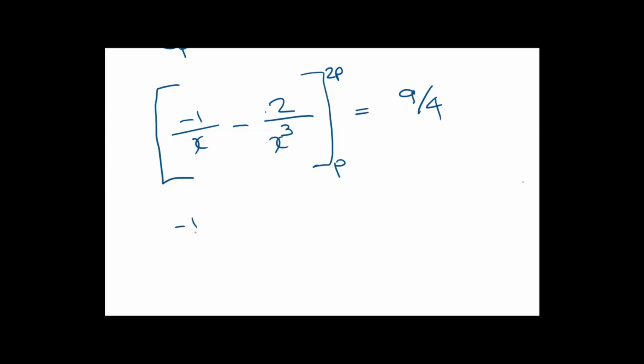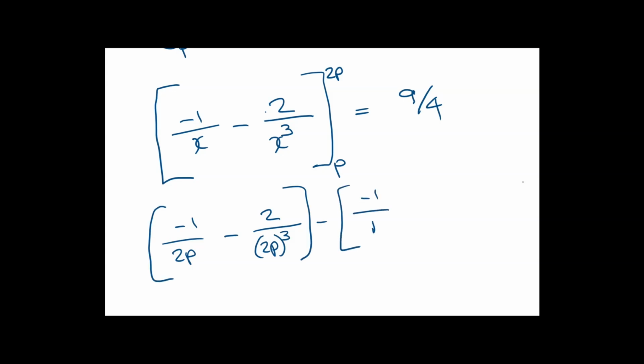So -1 over 2p minus 2 over 2p cubed, minus, -1 over p minus 2 over p cubed. And it's going to be equal to 9 over 4.